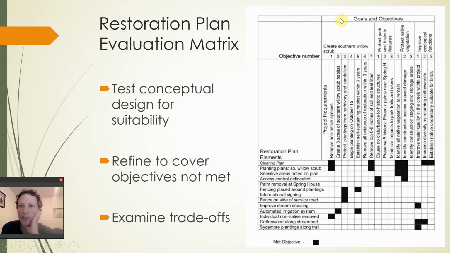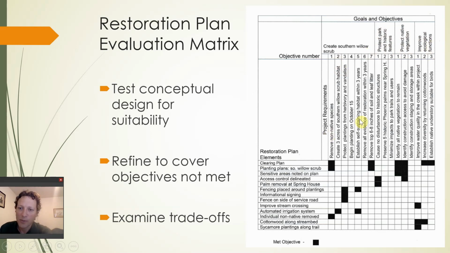So up here we have goals and objectives, and you can see with the case study that the book presents, they have 4 goals and objectives. Create southern willow scrub, protect park features, protect native vegetation, and improve ecological functions. Pretty straightforward.